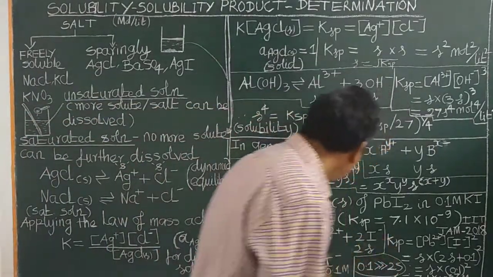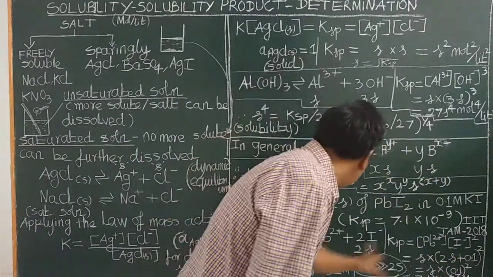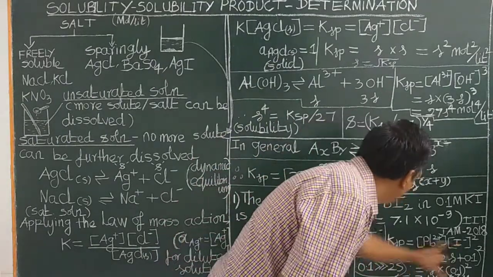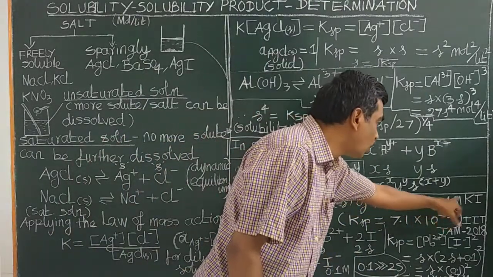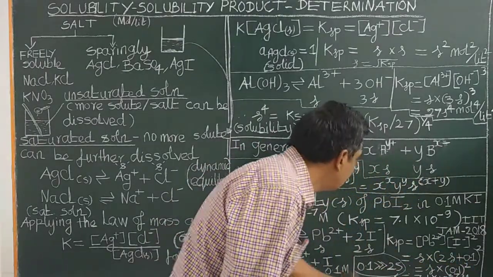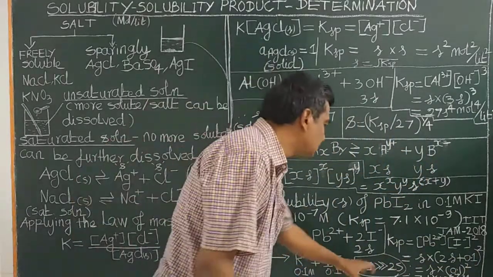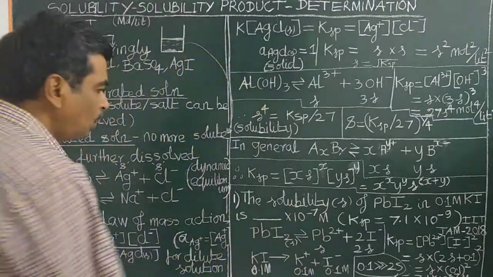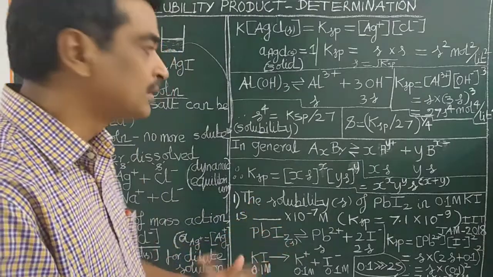Therefore, you substitute Ksp equal to Pb2+ times I- whole square. Now lead is S and I- is 2S plus 0.1, because lead iodide is in 0.1 molar KI. Therefore, Ksp equals S times (2S plus 0.1) whole square. Because of the common ion effect, the solubility is very low, around 10 power minus 5 to 10 power minus 7.